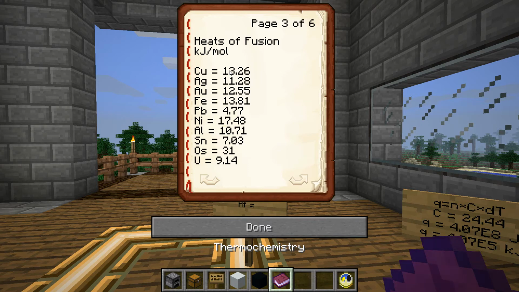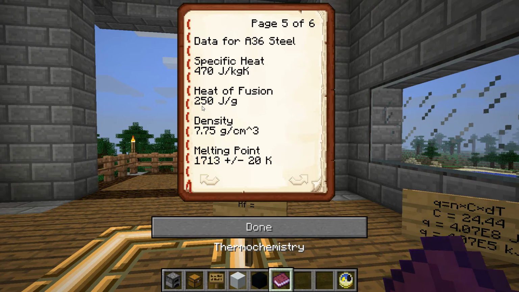However, this is done to keep these numbers in a nice normal range, just like our specific heats, which were in joules, are on the orders of 20s. Now our heats of fusion are on the orders of 13, except for a couple. Lead down at 4, osmium way up at 31, and over here at steel. Steel's a little bit different because steel doesn't care about molar mass.